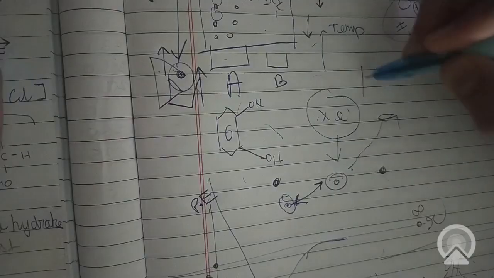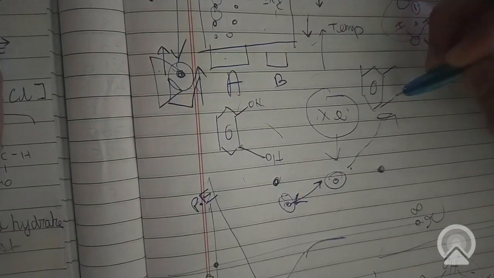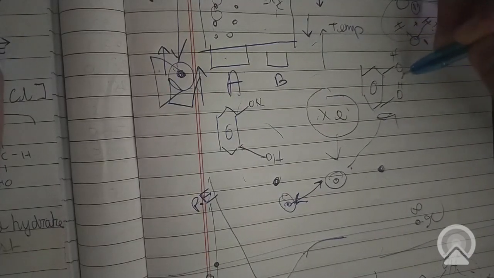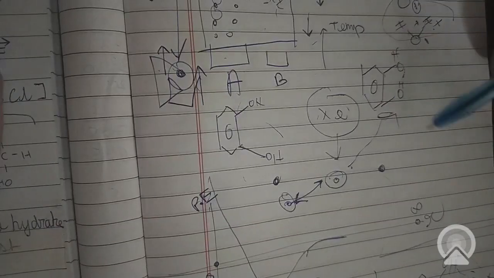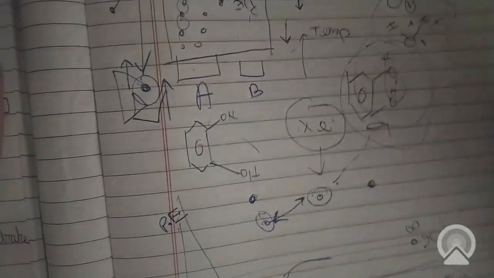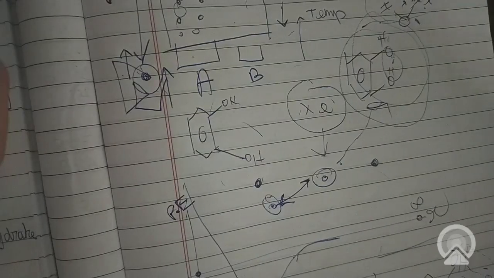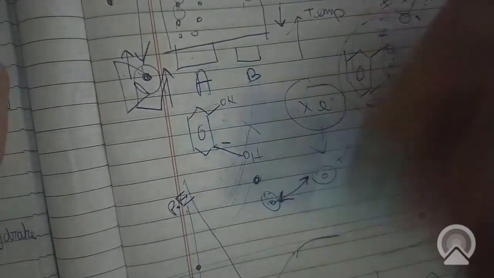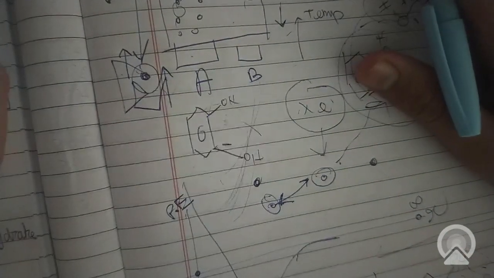And this is the same thing here, but there is a hydrogen bond. This structure will be more stable than the other structure, because it has a hydrogen bond, because some energy is released, right? Because it has gained more stability.